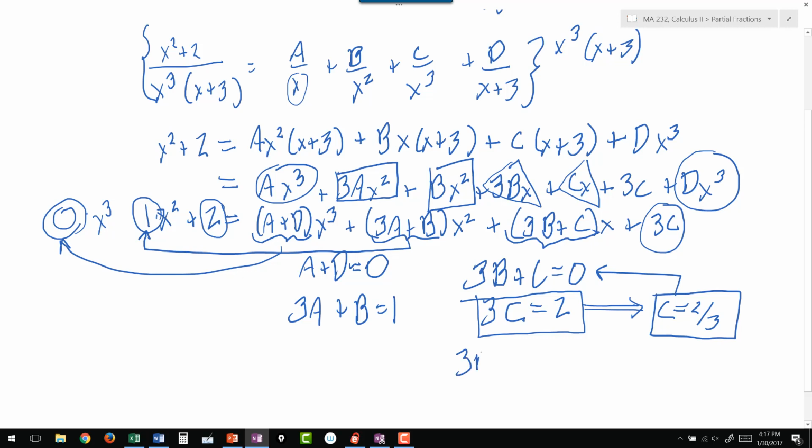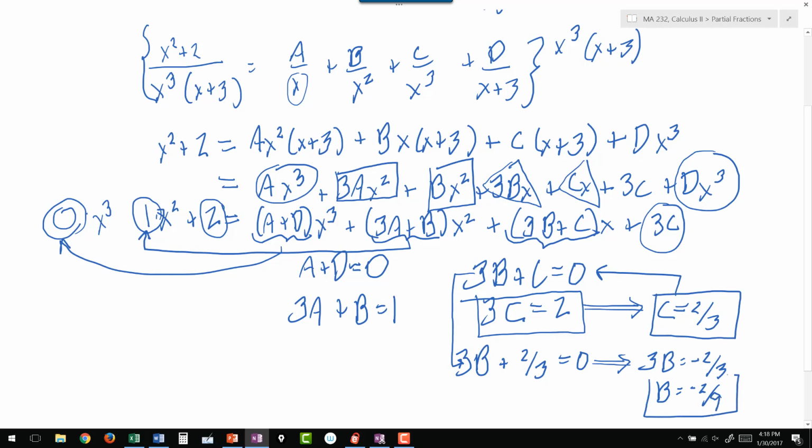So I have 3b plus 2/3 is equal to 0. That's coming from this equation. If that's the case, then 3b is equal to minus 2/3, so that b is equal to minus 2/9.